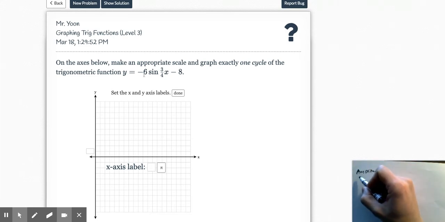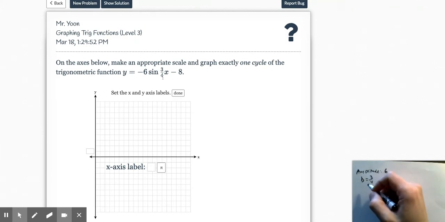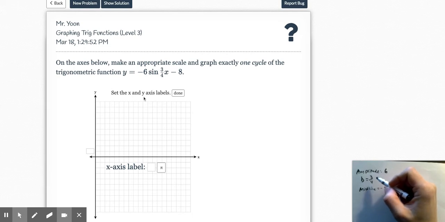Then what DeltaMath calls frequency, we've been calling B. This 3/4 here is our B, but DeltaMath, you'll see in the solutions, will call it frequency, and I think it's a good concept. And then midline is -8.